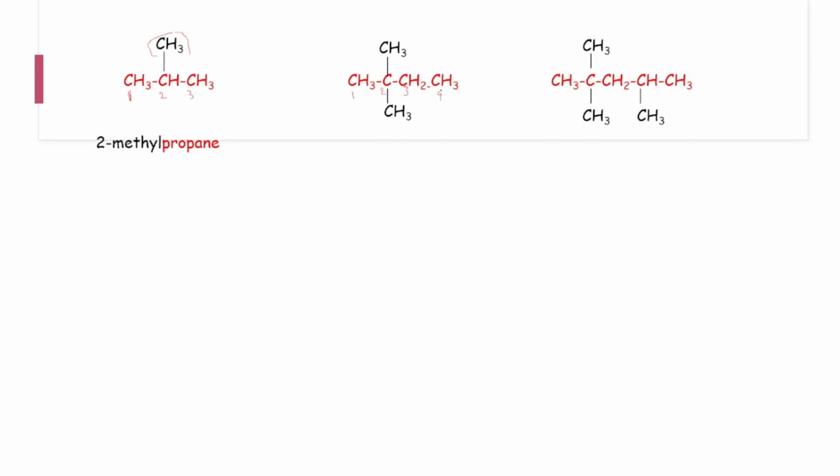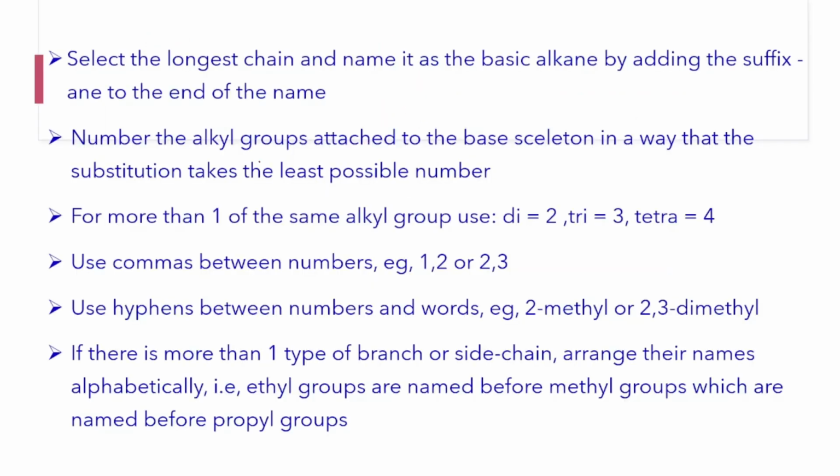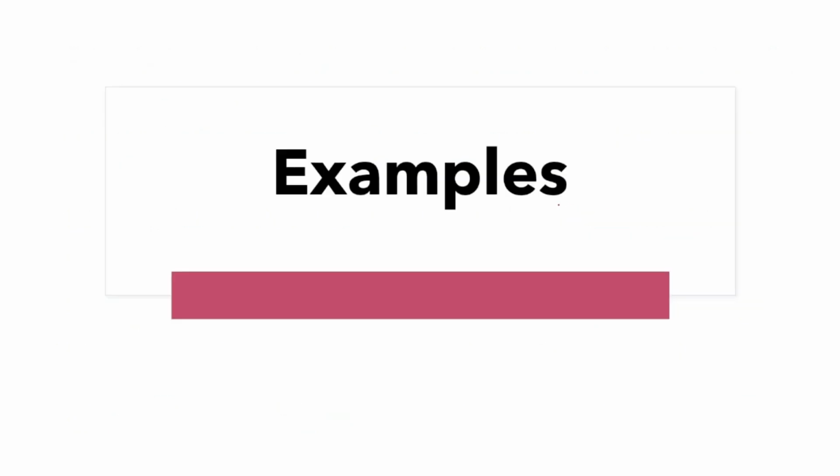This is butane. And at carbon number 2, I have two methyl groups. According to the IUPAC rule, if you have more than one of the same type, please use di, tri, tetra, and so on.